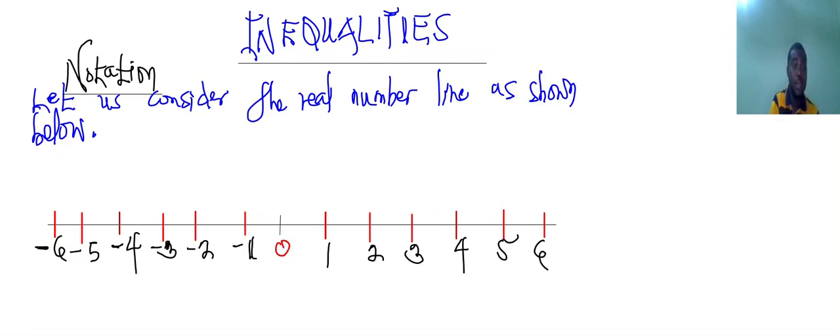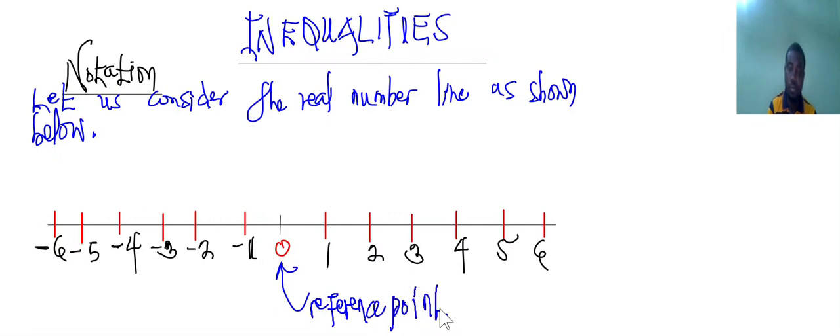Now let's pick a point. Let's call it the reference point. Let's pick point 0. Let's call it a reference point. Now all points going towards the right of 0, they are definitely bigger than 0.